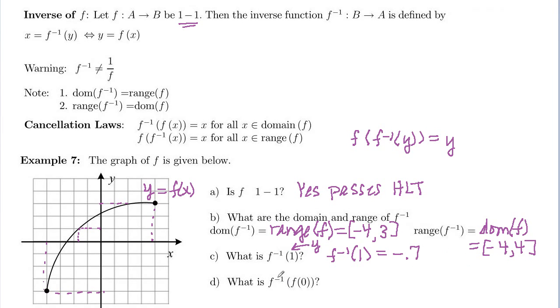And then what would be f inverse of f of 0? Okay, well, f of 0: 0 is an x value, and then f of 0 will be a y value, and we'll put that into f inverse. So 0 into f, we start from 0, we go up to the graph of the function. Looks like it is at about, I don't know, 2.2 maybe?